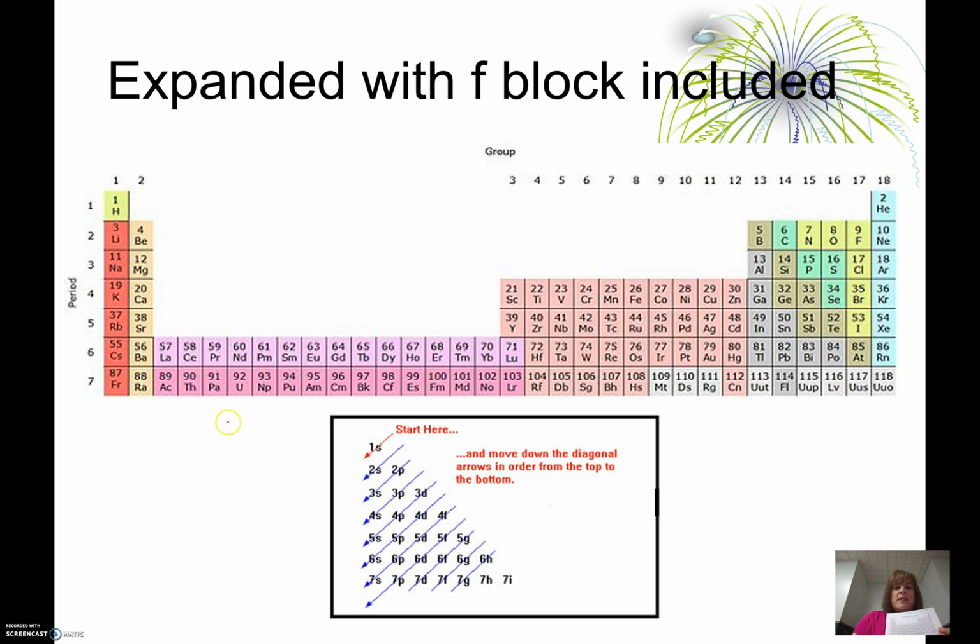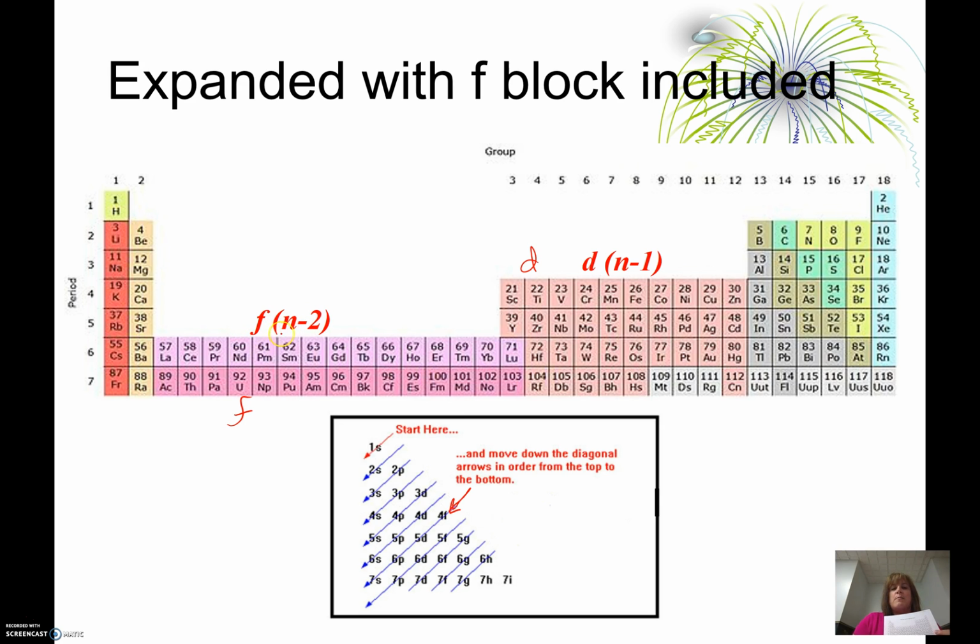And remember I said that the inner transition, these are the F and these are the D. So if we look at 6s, we go to 6s2 and then we hit this F block. Now if you look here, we go 6s on our diagonal diagram, and after that we get to 4f. So in fact, this is a 4f sublevel. So even though it is in row 6, this is 4f.